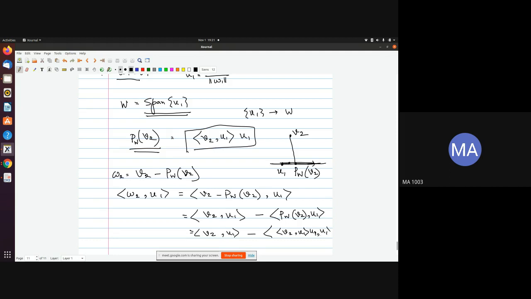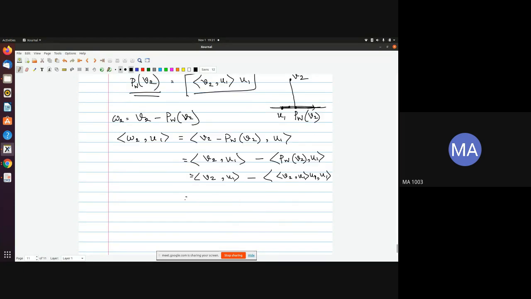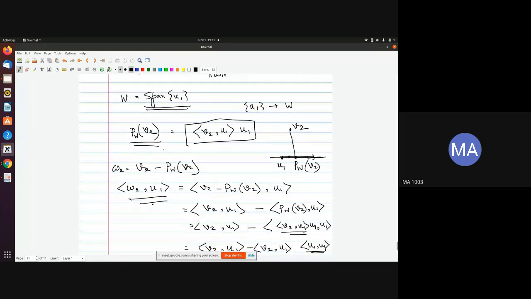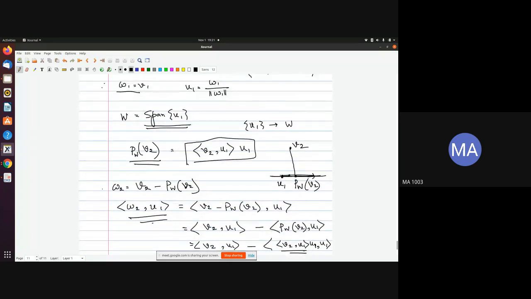Expanding, <V2, U1> minus <V2, U1> times <U1, U1>. The scalar can be taken outside, and since U1 is a unit vector, <U1, U1> is 1. So <V2, U1> minus <V2, U1> is 0. Indeed, the new vector W2 is orthogonal to U1.